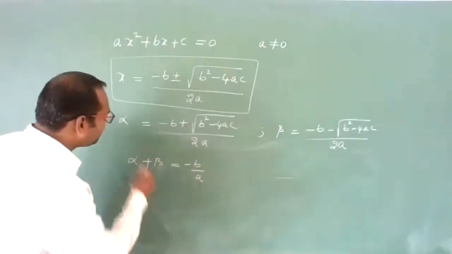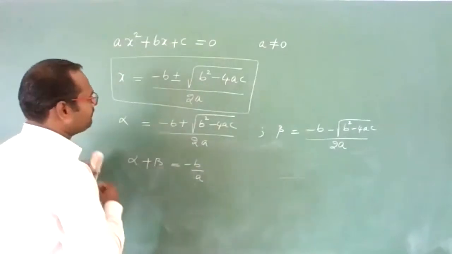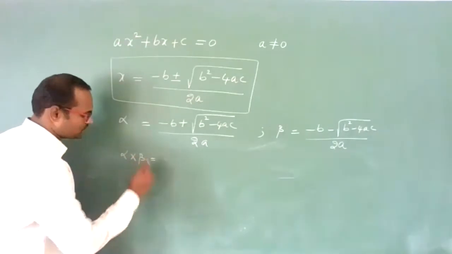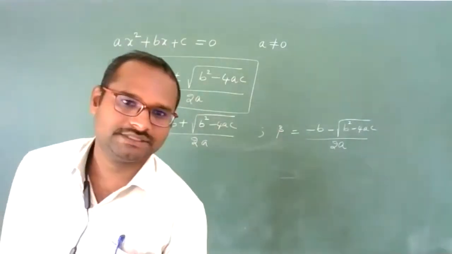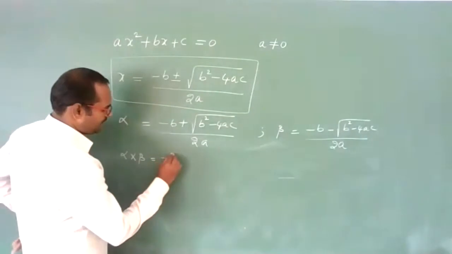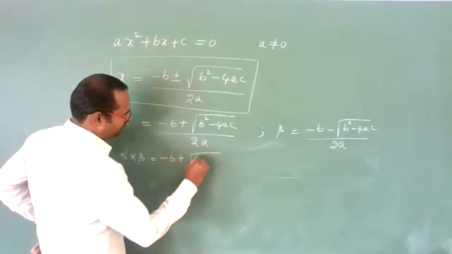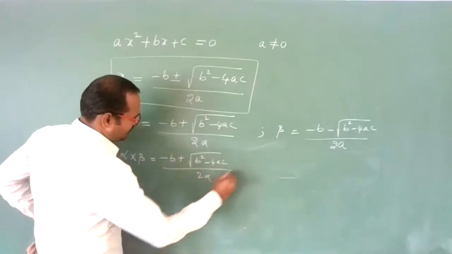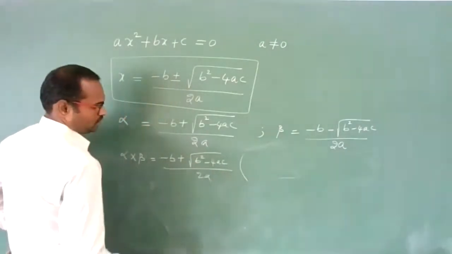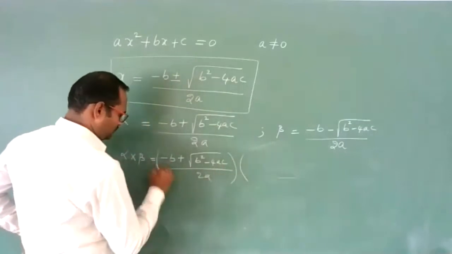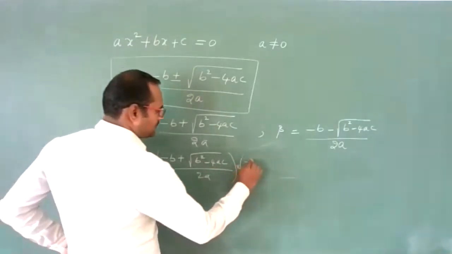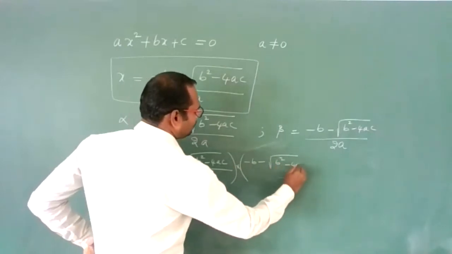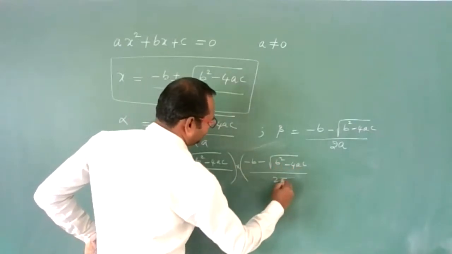Next, if you take the product of these two roots, meaning if you multiply alpha into beta, what will you get? Let us check. You will get minus b plus under root of b square minus 4ac by 2a, into minus b minus root of b square minus 4ac by 2a.